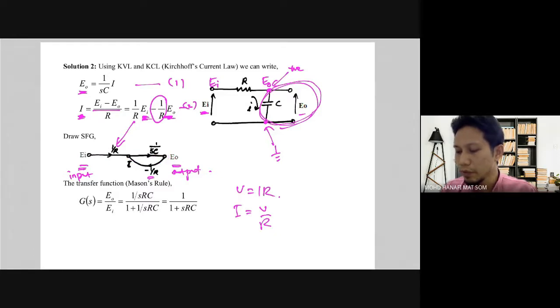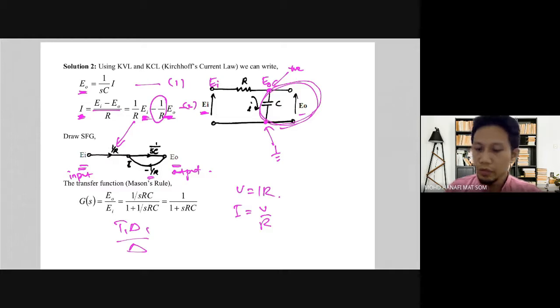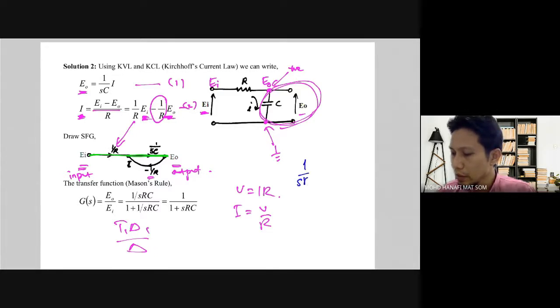And then we already get our signal flow graph. When we have the signal flow graph, we can find the transfer function using Mason's rule, or Mason gain formula. Remember T1 delta 1 over delta. In this case it's very simple. This is the forward path, which is 1 over SRC.